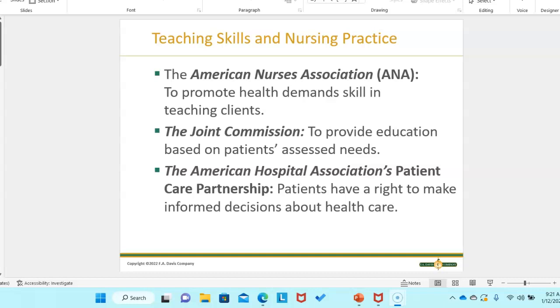The American Hospital Association Patient Care Partnership, previously the Patient's Bill of Rights, describes in plain language the right of consumers of accurate and easily understood information about health plans, healthcare professionals, and healthcare facilities. If patients speak another language, have a physical or mental disability, or just do not understand something, they have the right to receive help so they can make informed healthcare decisions.